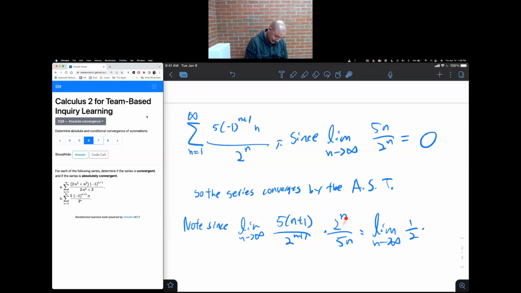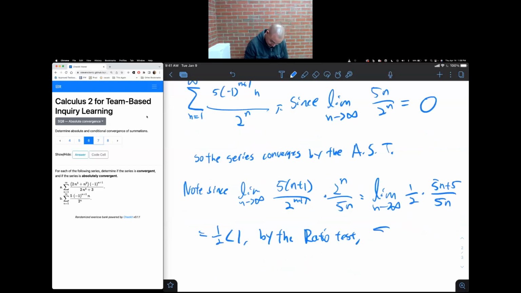With 2 to the n plus 1, we are left with a half, and then 5n plus 5 over 5n, and that converges to a 1, so it's 1/2, which is less than 1. By the ratio test, the sum from n equals 1 to infinity of 5n over 2 to the n converges. And the series is absolutely convergent.